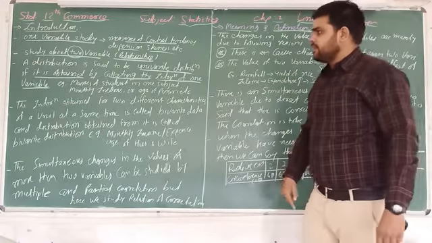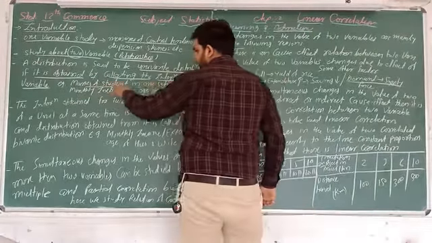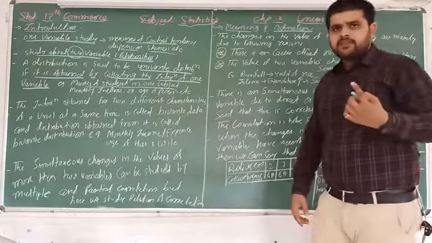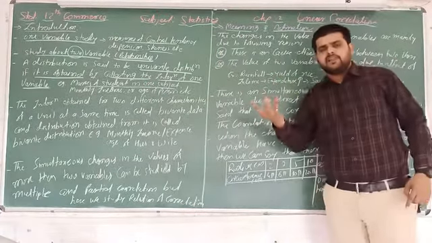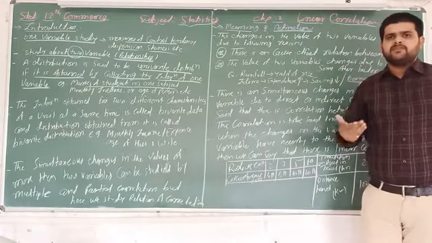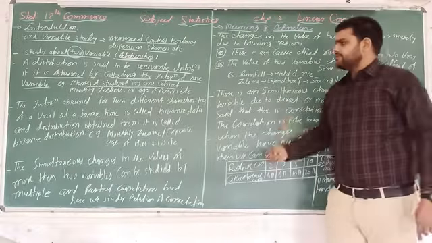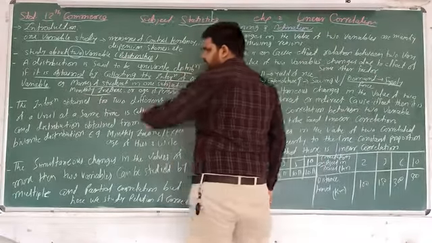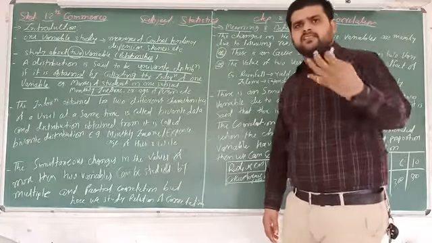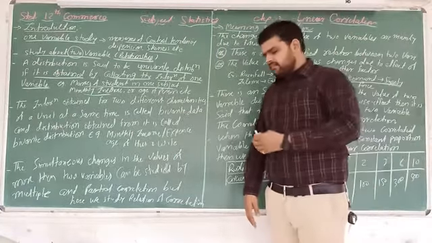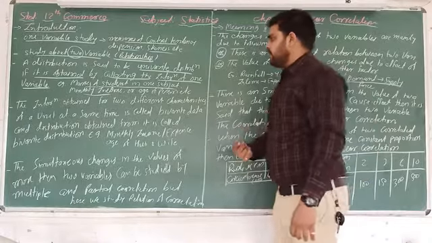For example, marks of a student in a subject is one variable, any subject. One student is there and the marks of that particular student, one variable. Then monthly income of a person: 10,000, 20,000, 25,000, 30,000, 50,000, 1 lakh. Again it is one variable.